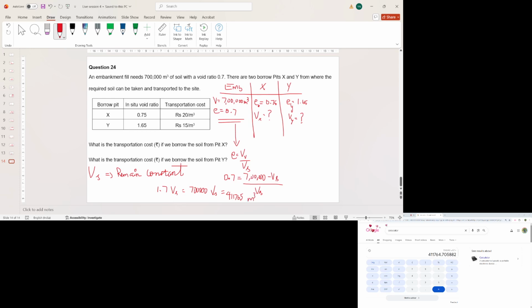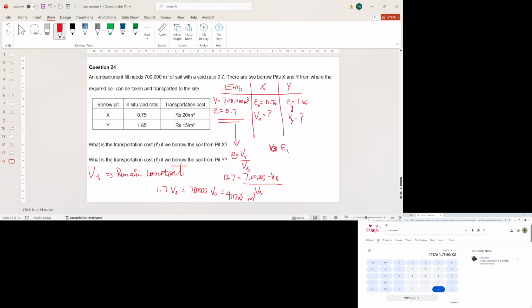So that is not going to change since the assumption is both X and Y have the same type of soil, but the state of soil is different. The state of the soil is different in terms of voids ratio. Now we need to calculate Vx.